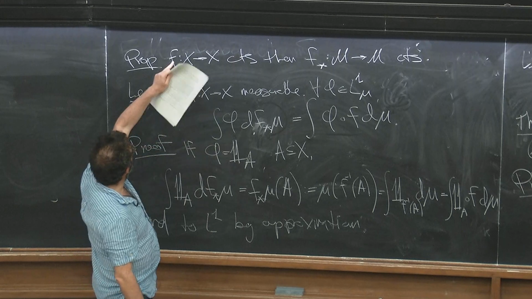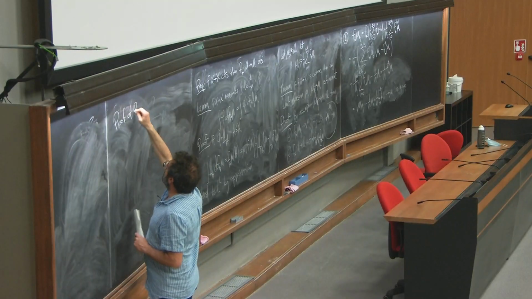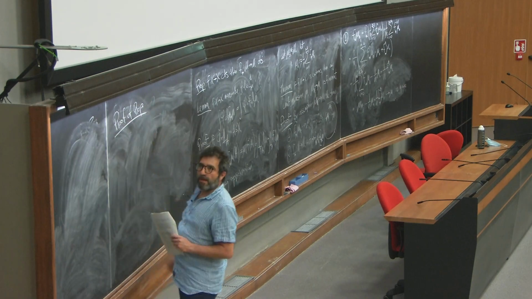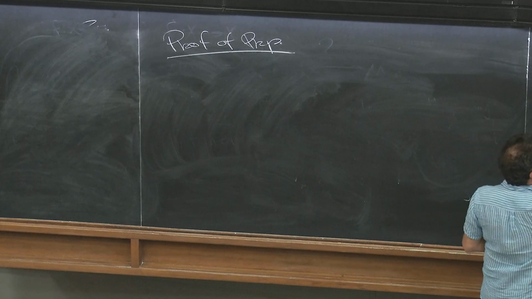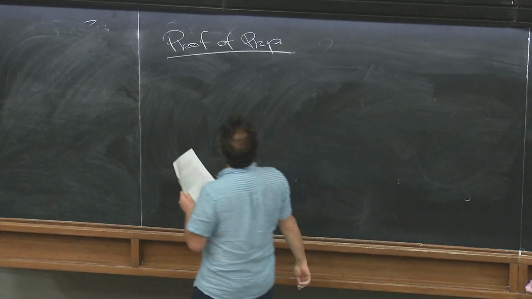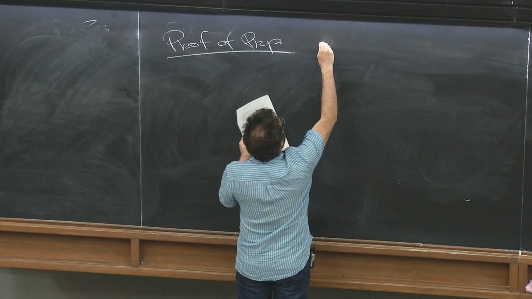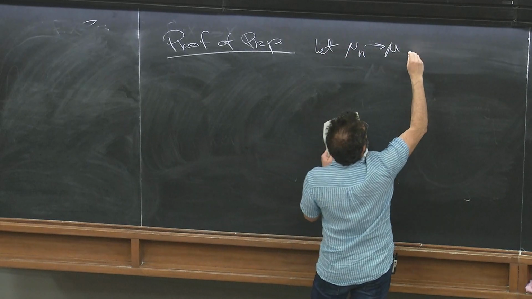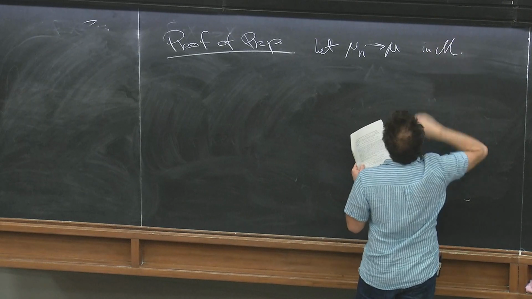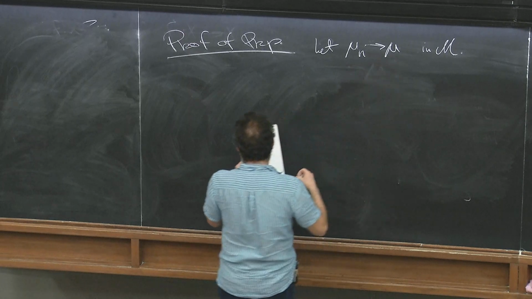Okay, so how do we use this to prove the proposition? Then this is easy. Proof of the proposition: we want to show that f star is continuous. So how do we show that f star is continuous? Take any sequence mu n converging to some mu in M. To show that f star is continuous, we need to show that f star of mu n converges to f star of mu.